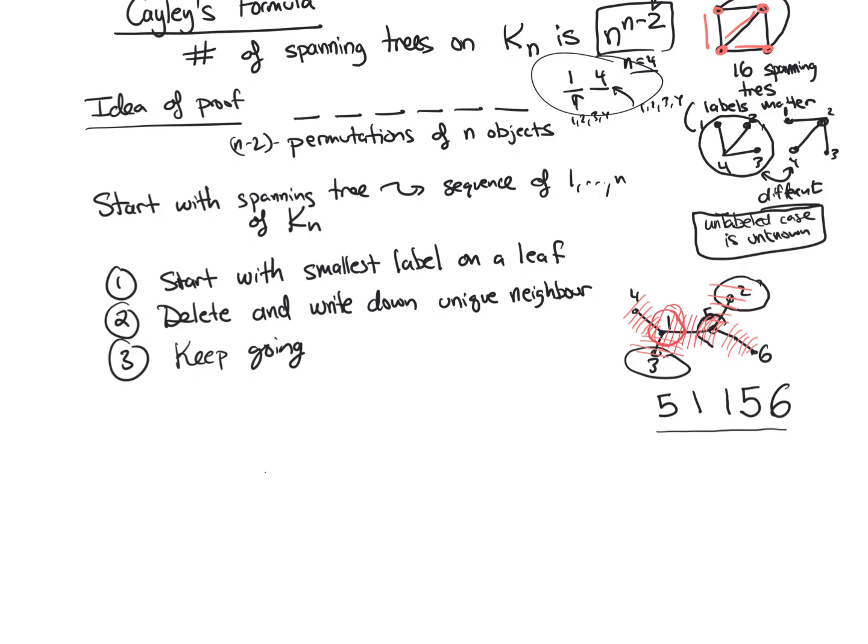Well, notice that the last term of the sequence was always going to be 6, no matter where 6 was. 6 could be written earlier in the procedure, that's fine, but we would never remove 6 because it's the largest one until the very end.